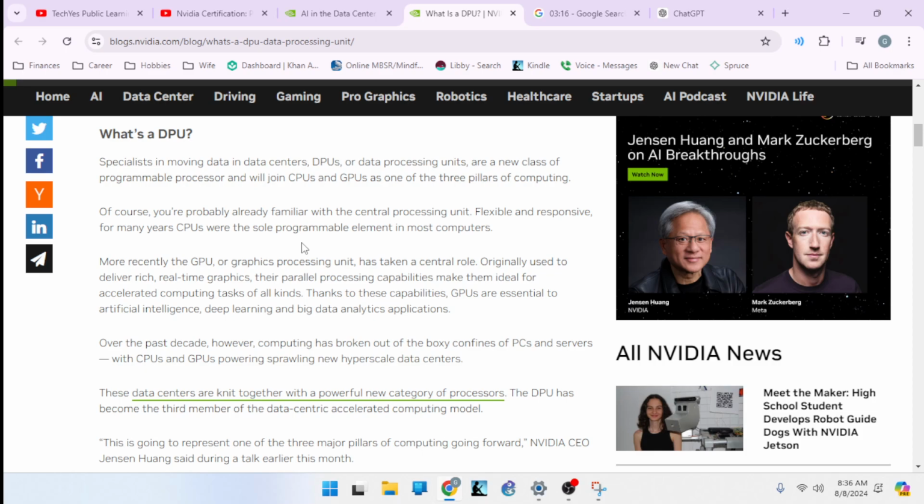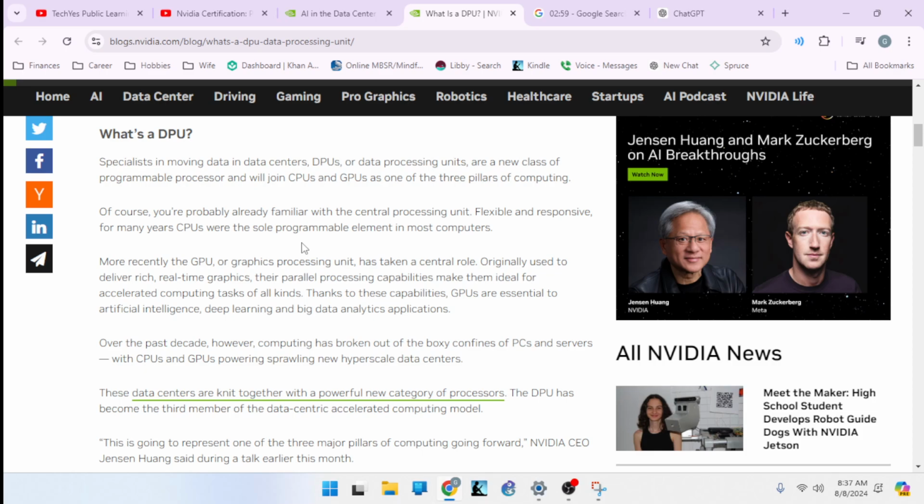More recently, the GPU, or graphics processing unit, has taken a central role. Originally used to deliver rich real-time graphics, their parallel processing capabilities make them ideal for accelerated computing tasks of all kinds. Thanks to these capabilities, GPUs are essential to artificial intelligence, deep learning, and big data analytics applications.